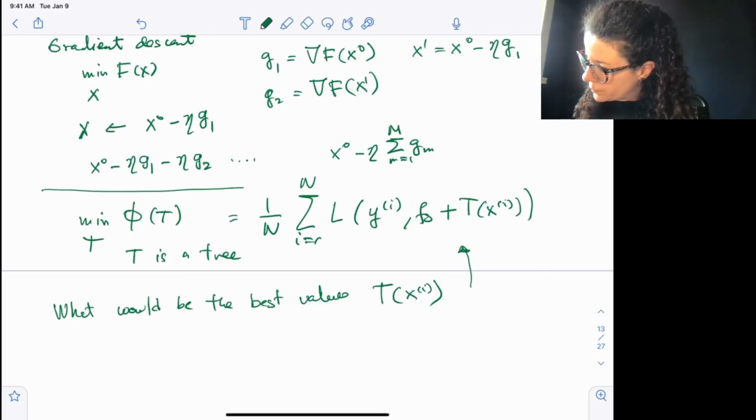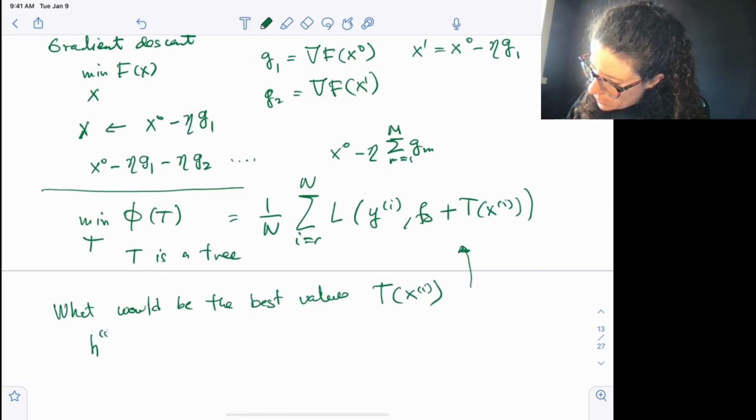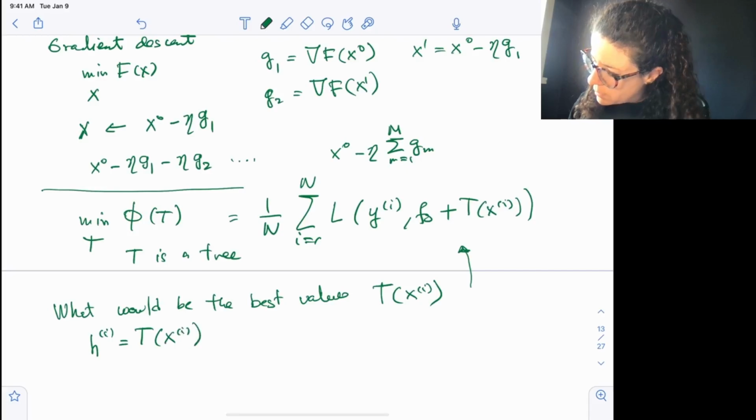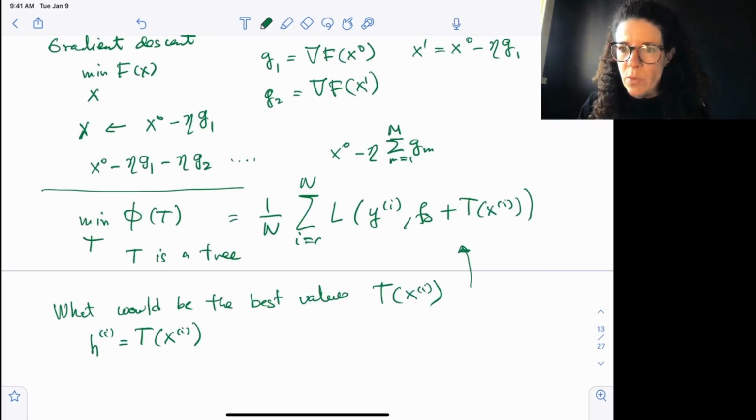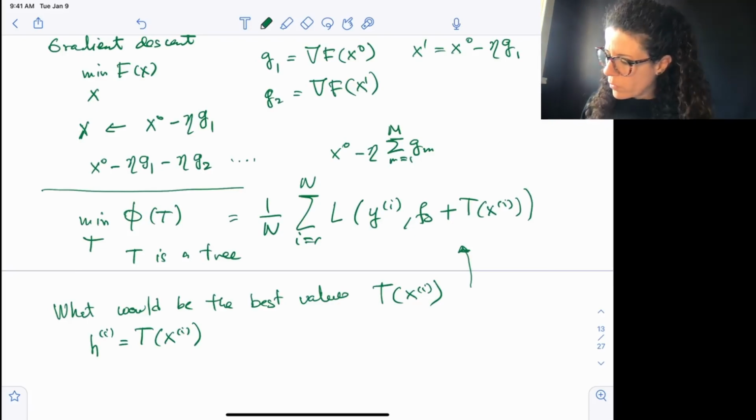Okay, so let's call hi be t of xi. So I'm asking, what are the best values h1, h2, h3, up to hn, such that this function that we have here will be minimized. So let me try to write this down.